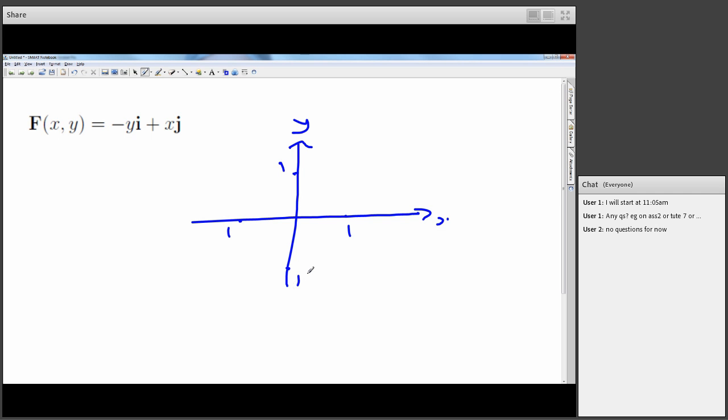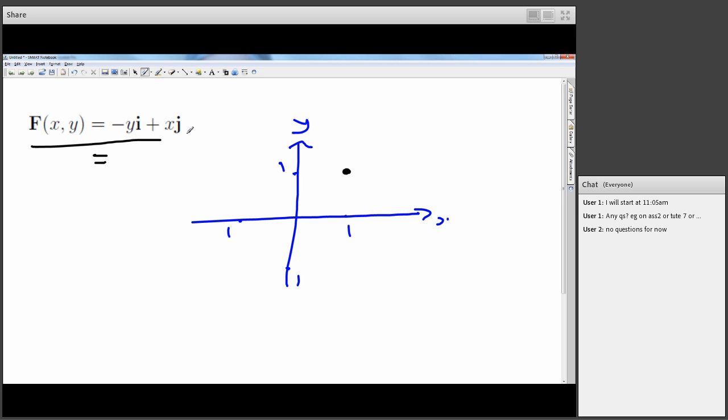Let's put a few down for the moment, bunches of ones just around the place. So I want to consider, if you dropped a leaf in this big pond, a big pool of water. If I dropped a leaf just here, which way is it going to go? And that's what this vector tells you: if you drop a leaf into the water, it tells you which way it's going to flow. So it's a flow vector.